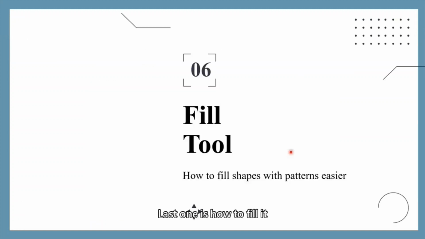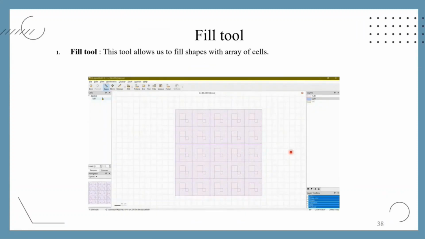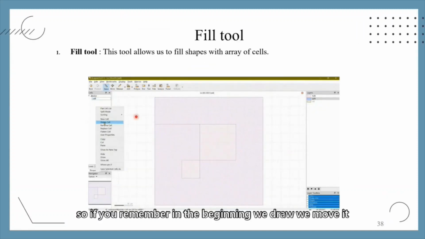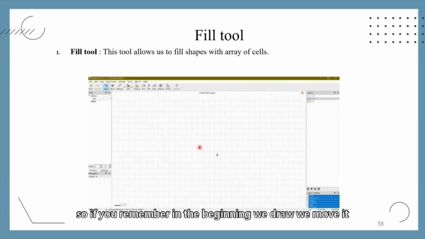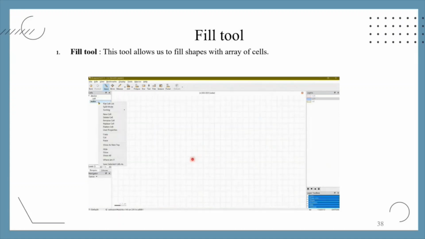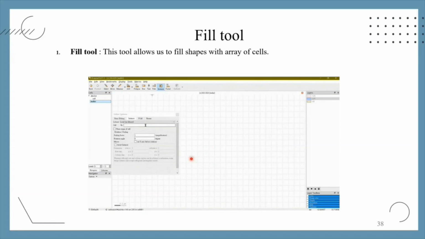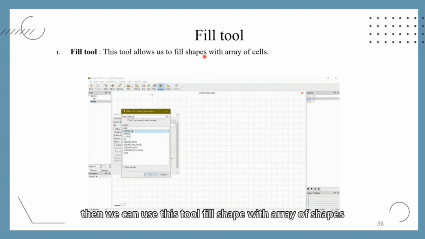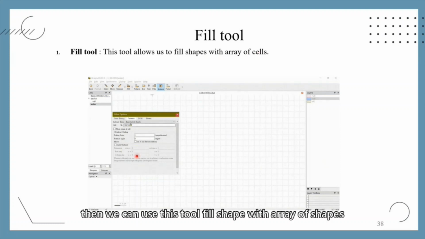The last one is how to fill, how to fill the shapes with patterns more easily. First we talk about the fill tool. If you remember, in the beginning we removed it, right? Then we can use this to fill shapes with an array of shapes.